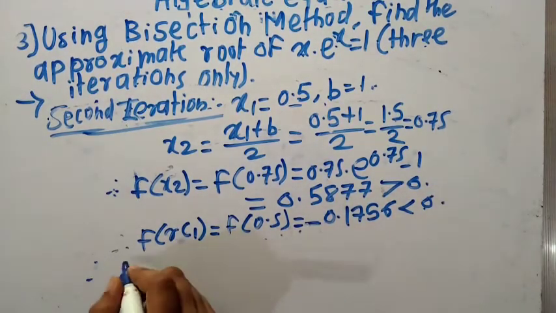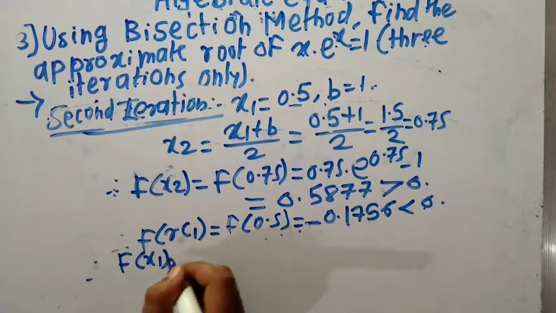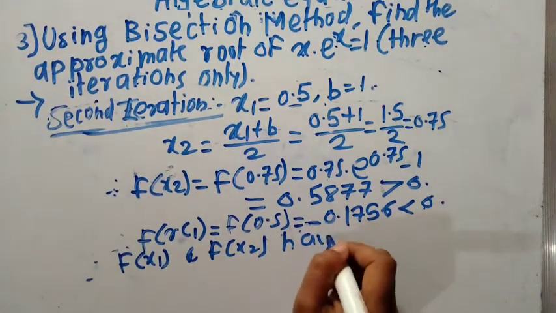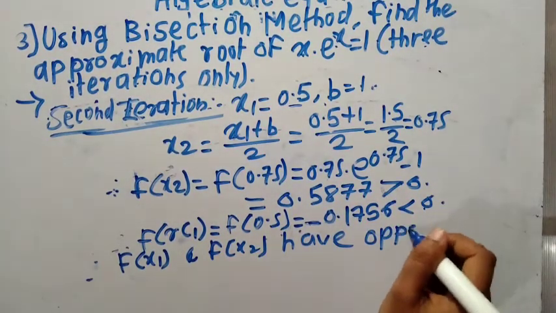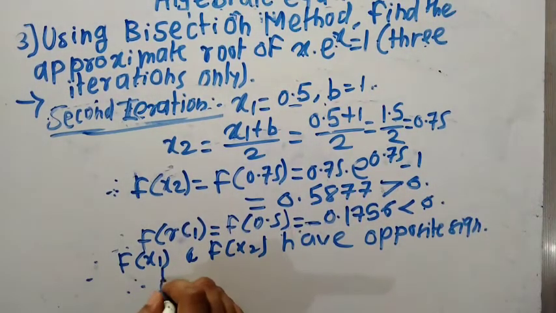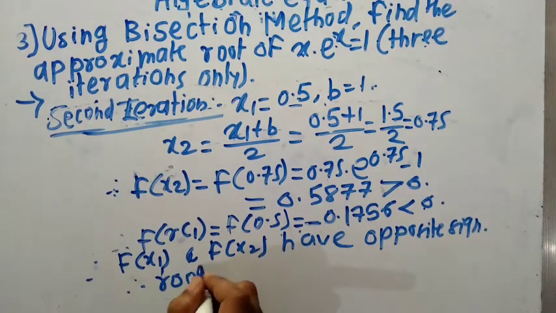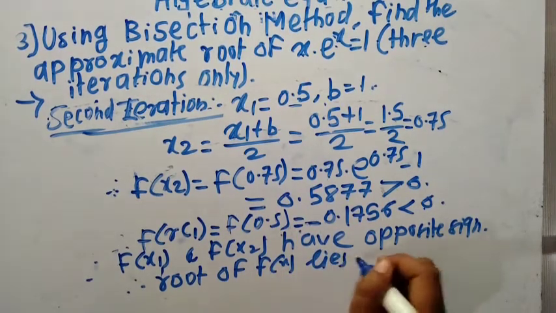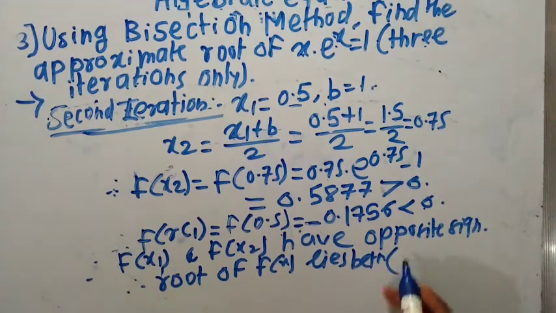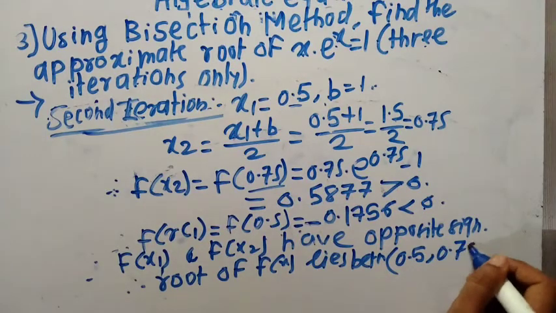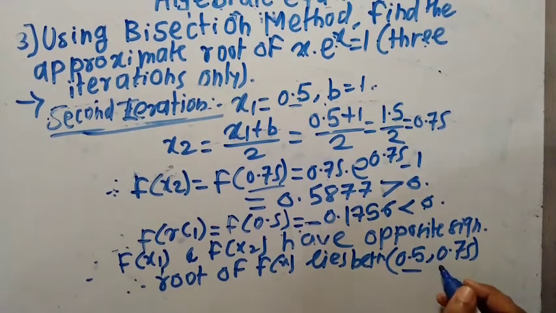Therefore, since one is greater than and the other less than, f of x1 and f of x2 have opposite sign. So root of f of x lies between, first less than 0 is to be taken, 0.5, then 0.75. It is x1 and it is x2.